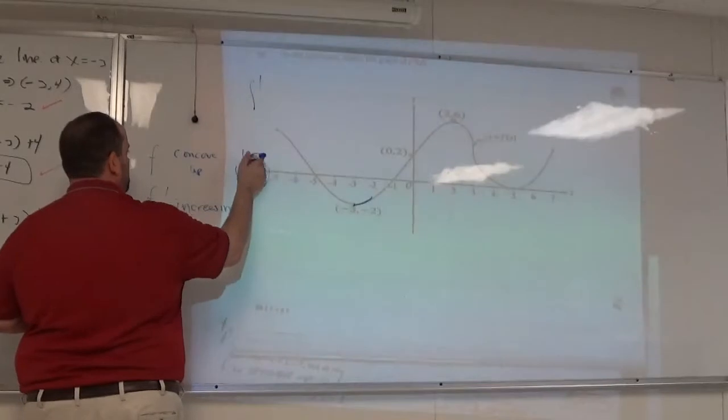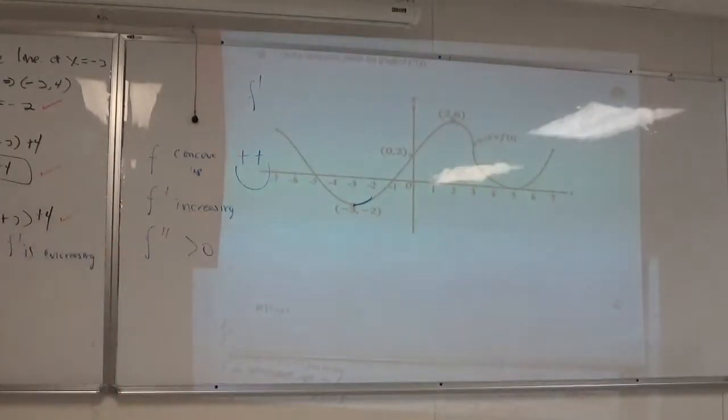Remember this guy? Concave up means the second derivative is positive. So F is concave up. So what? The tangent lines. Where are those tangent lines? Tangent lines are below the graph. So what kind of estimates?